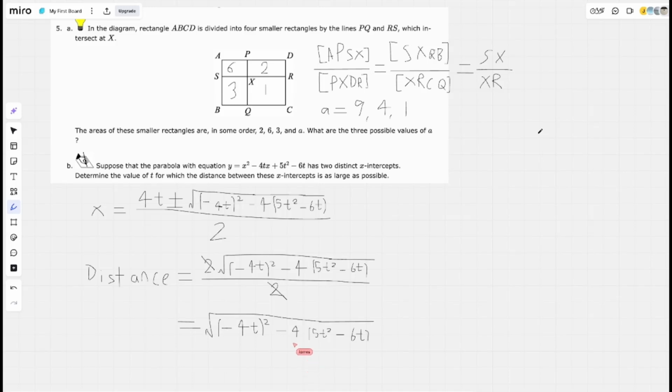So if we want to maximize an expression inside a square root that has a positive coefficient of 1, then we want to maximize the expression inside the square root. So basically we can just completely remove the square root part, because if we maximize the expression inside the square root, we also maximize the square root of that expression.